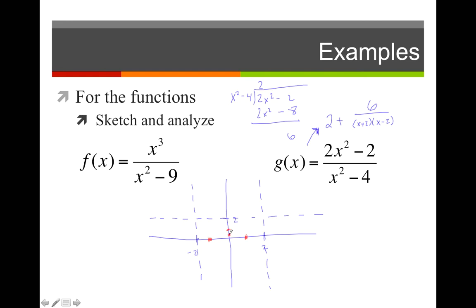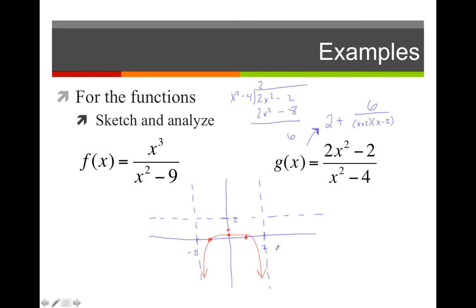And really the only way that this function will work is if I go through these points, and doing a little test, we would notice that this goes down on the right-hand side of that asymptote, and it goes down on the left-hand side of that asymptote. And the only thing left would be to figure out what's going on these sides here.